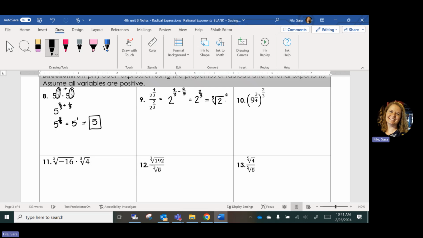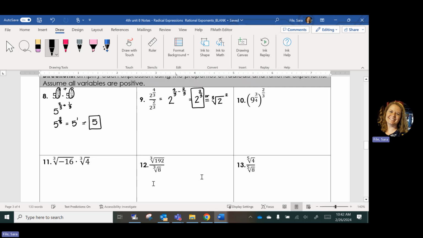That's going to be a decimal either way, so either one of those is correct. You could stop there, or if you rewrote it like that, that's fine too. You need to know that those are equivalent because that's changing back and forth from rational exponent to radical expression. You have to be able to convert between those two.